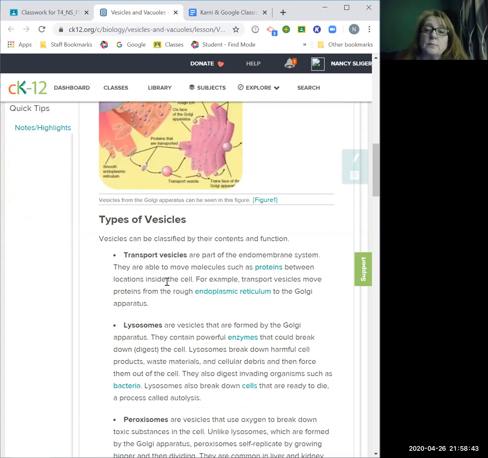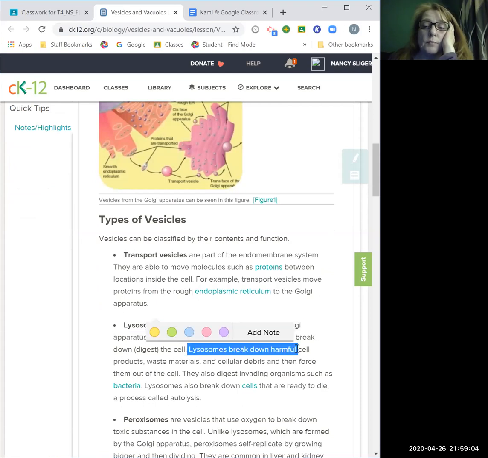There are transport vesicles, which basically move molecules between the inside of the cell and the outside. Lysosomes, they break down and can digest things in the cells. So you need to know that lysosomes break down harmful cell products, waste materials, and cellular debris, and they force them out of the cells.